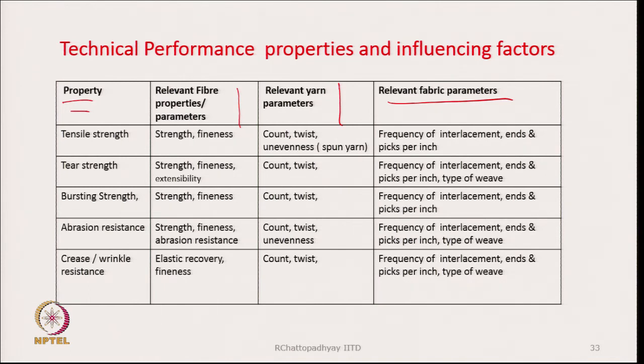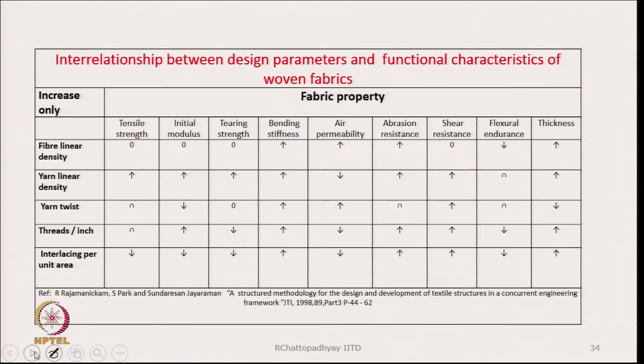Similarly, we have to do it for other types of fabric. This is basically for the woven fabric. We can have a similar table for knitted fabrics, for non-woven fabrics, and maybe compound fabrics, for braided material. So, such tables could be made.